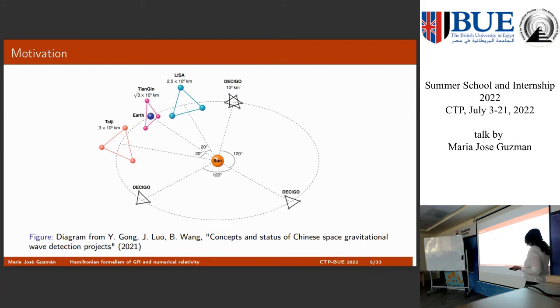Yeah, and this is a very nice review that you can click on, from where I took this diagram. So these detectors will be in space, and they will have much better accuracy than the ones on Earth. So we will have lots of data, and we will be able to test general relativity very well, and hopefully to find physics beyond general relativity.